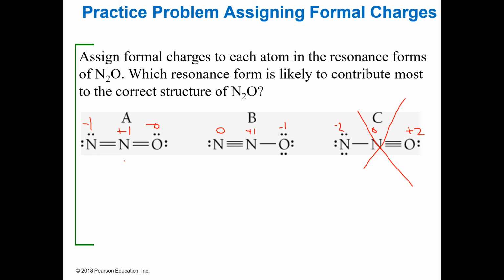Here I have a negative charge on my nitrogen, and a negative charge on my oxygen. The nitrogens in the middle are the same. They're both positively charged. Where should the negative charge lie? It should lie on the more electronegative atom. So B is going to be our biggest contributor.